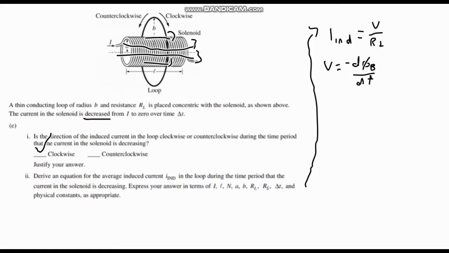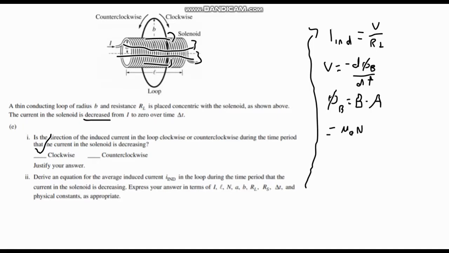And we know that the flux is just B times A, which is magnetic field strength times the area. So we know that the magnetic field strength is mu naught times N I over L. And the A is just the area of the solenoid, which would just be pi A squared.